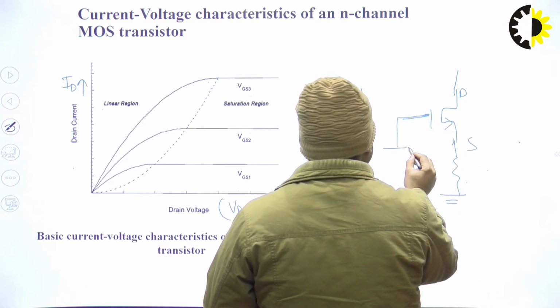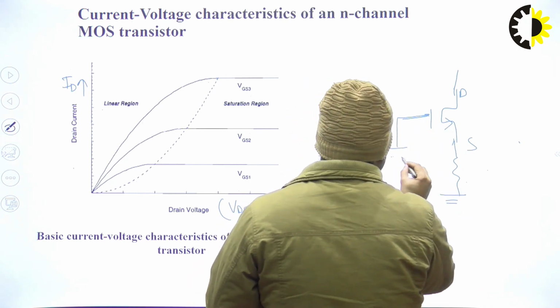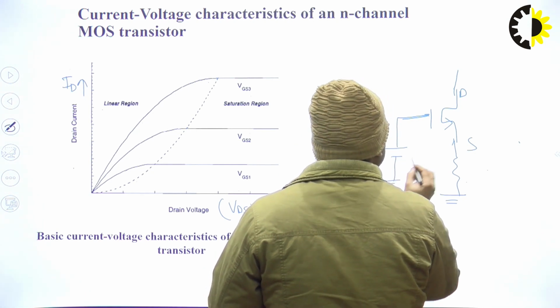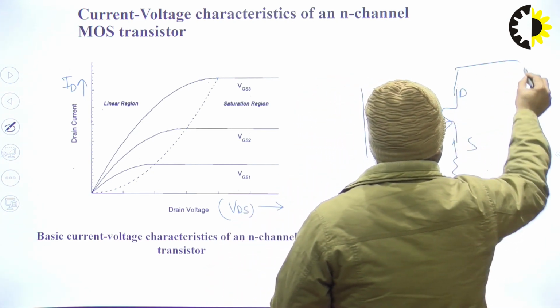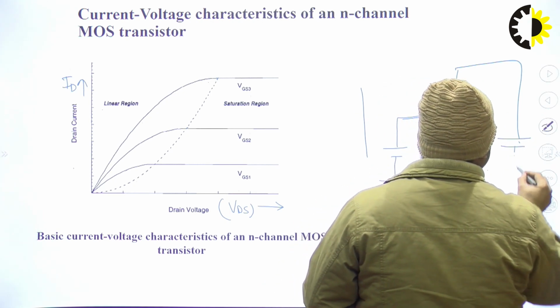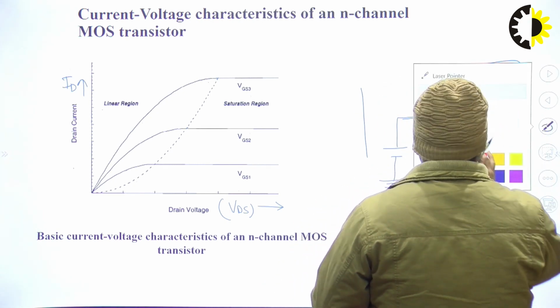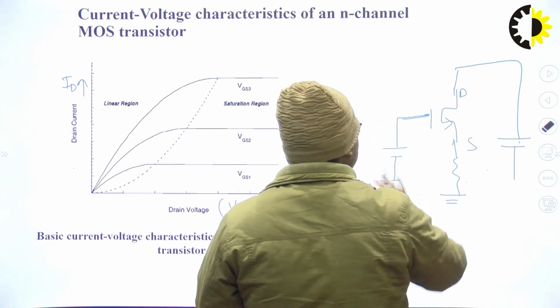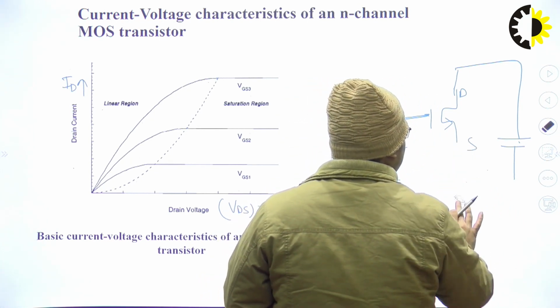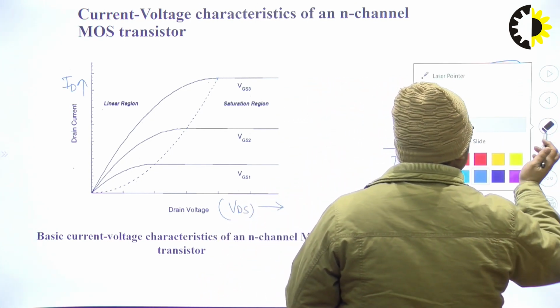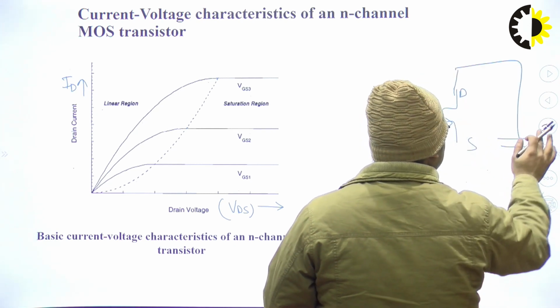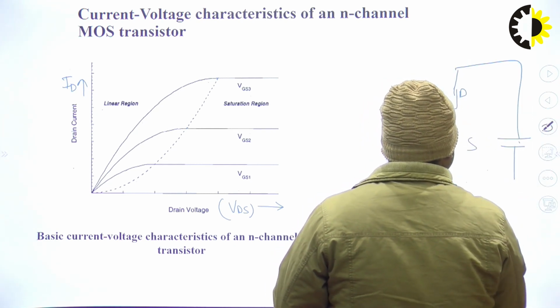This is gate voltage. Positive VGS is applied, and drain voltage is also positive. Now we are making a simple arrangement to study the characteristics.